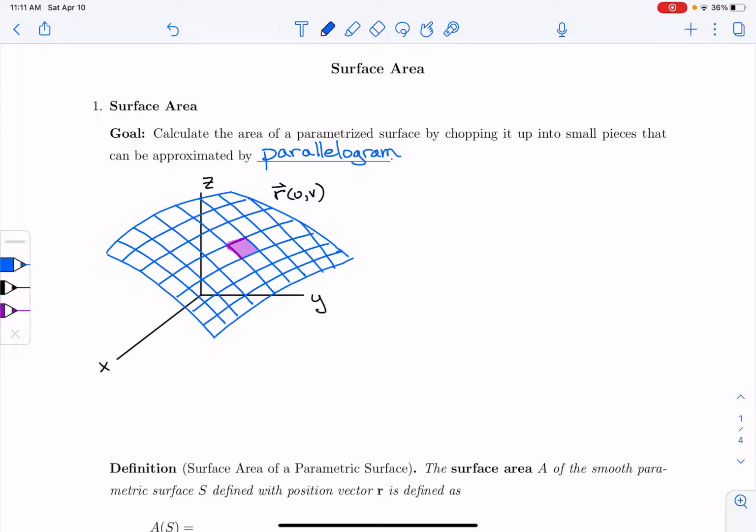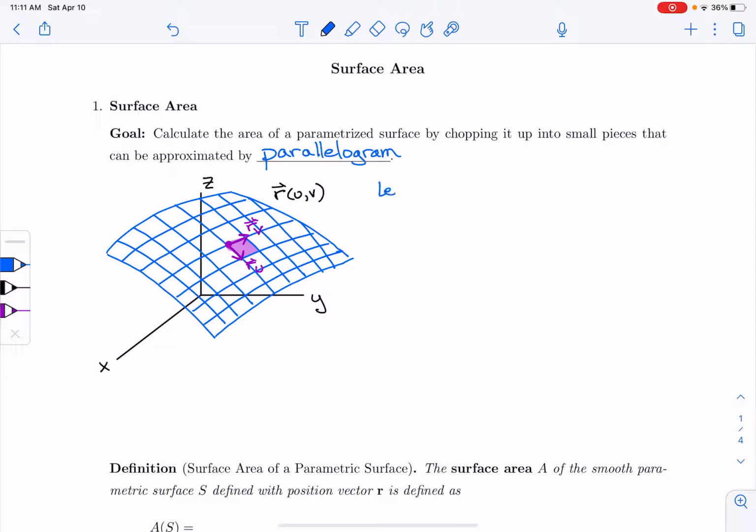In order to do that, I'm going to need to define these two vectors. This first vector is a tangent vector, say r sub u. And then this second vector here is a tangent vector, r sub v. And so what I'm going to do is define those two tangent vectors at a particular point.